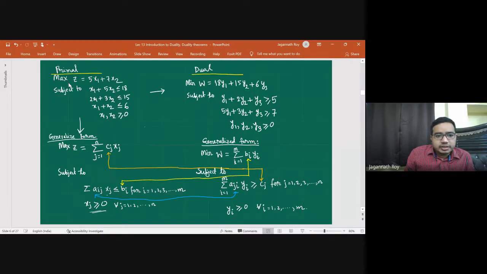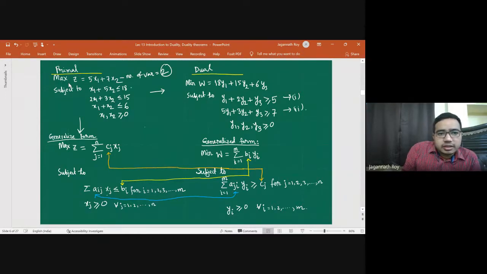We have already seen that we first have to decide how many variables there are. The number of variables is 2 here, so 2 will be the number of constraints in the dual.